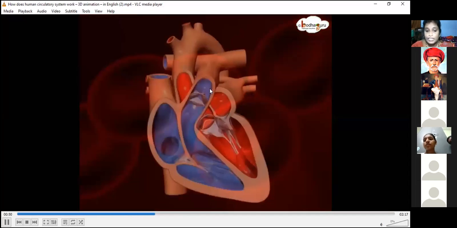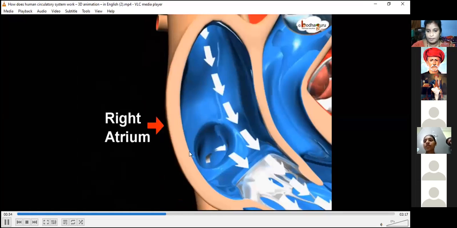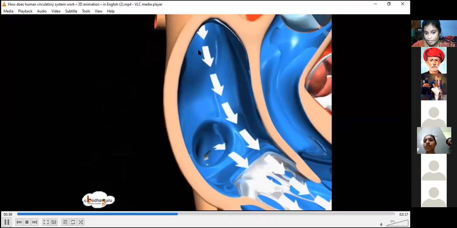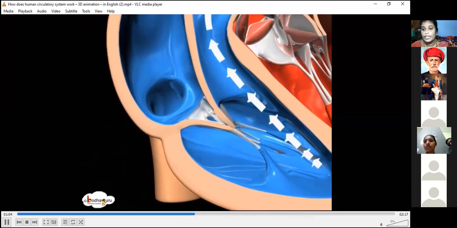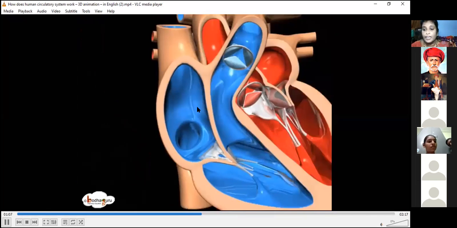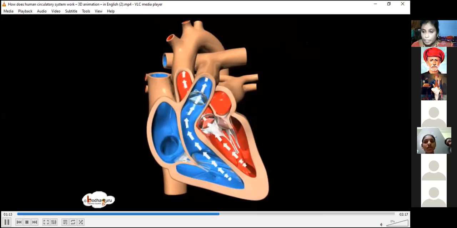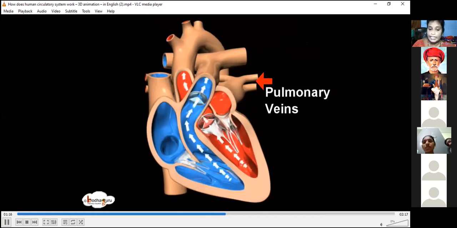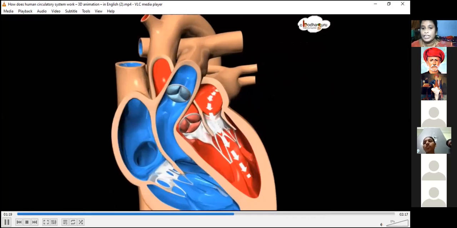See, ma, what is the internal structure of the heart? See, right atrium and right ventricle carry deoxygenated blood, ma. Blue color indicates deoxygenated blood. See, this is the pulmonary artery. The deoxygenated blood goes from the right ventricle to the pulmonary artery.